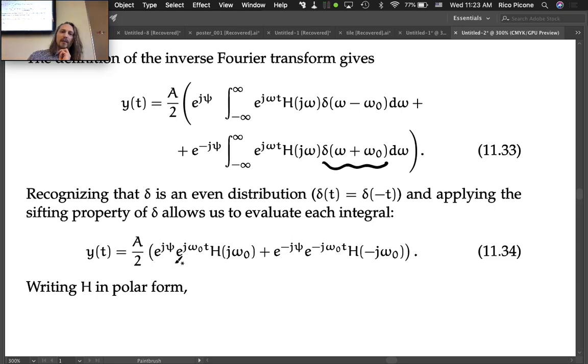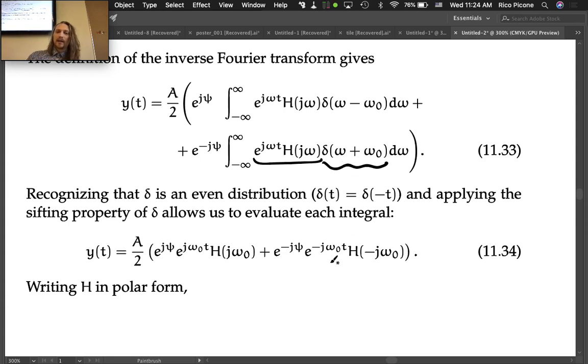And they come out to be simply you take the function that is multiplying the delta, and you evaluate it at the value of omega at which the argument of delta is equal to 0. So omega equals negative omega naught in the second one.